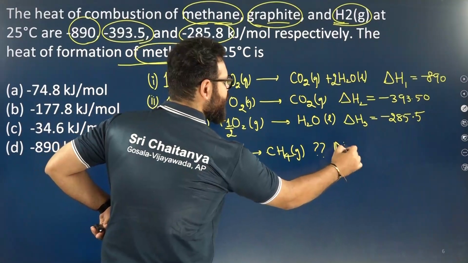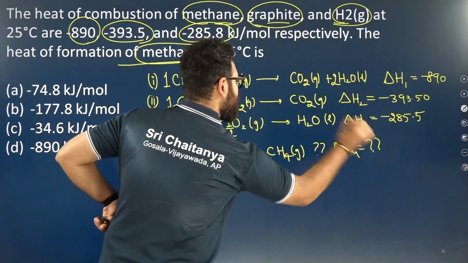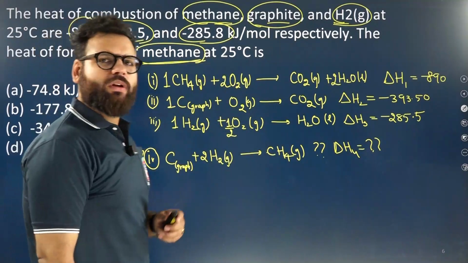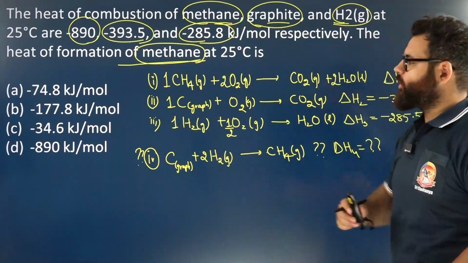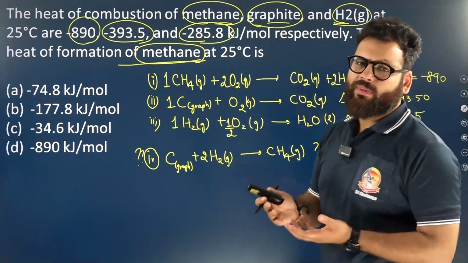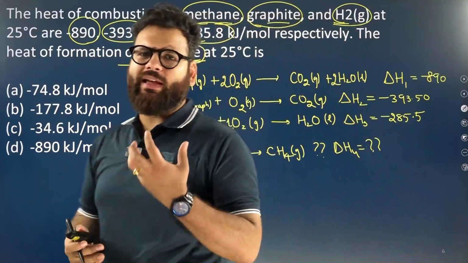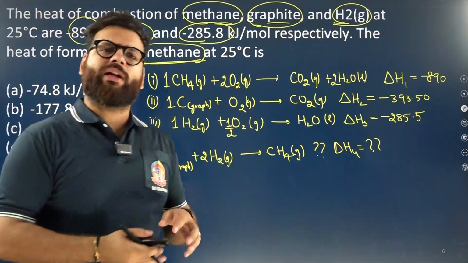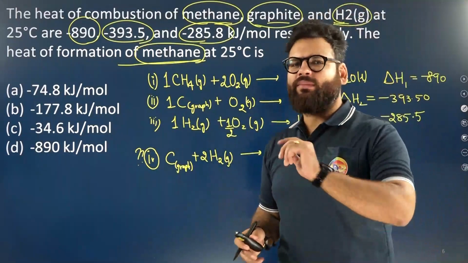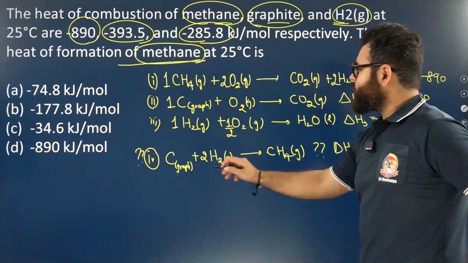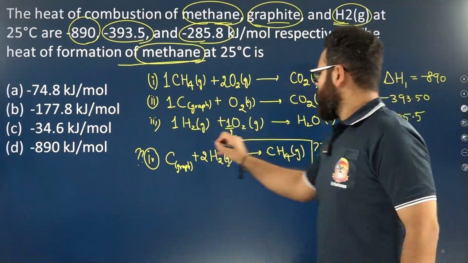Let me call it delta H4, which is unknown. So I will try to reach this reaction. Consider all reactions as just mathematical equations. X, Y, Z. You do know X plus Y equal to 3, 2X plus Y equal to 4. How do you find the value of X and Y? Same thing you can do here. I want to reach this equation, everybody.